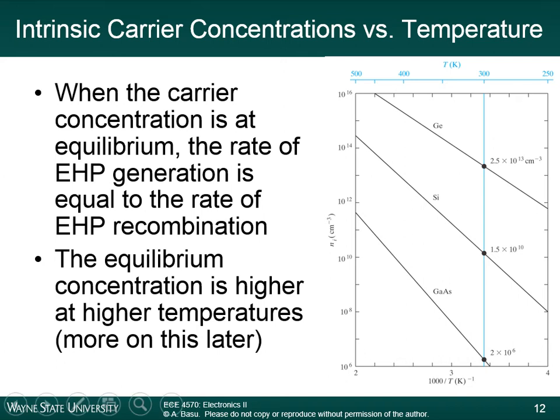This graph is showing the intrinsic carrier concentration versus temperature. Room temperature would be this vertical line here. What we notice is that germanium has the highest intrinsic carrier concentration at all temperatures. Then silicon is down here, and gallium arsenide always has the least carrier concentration.